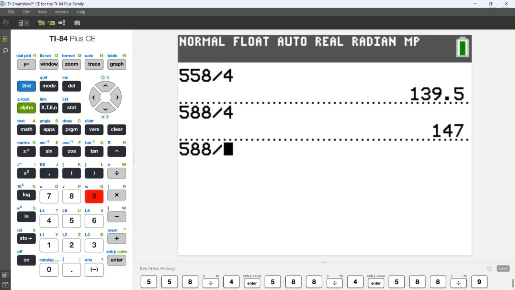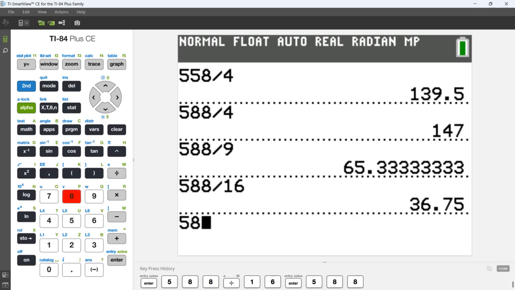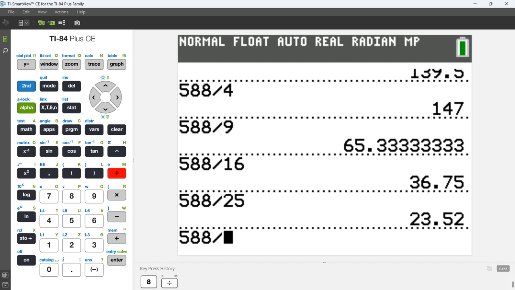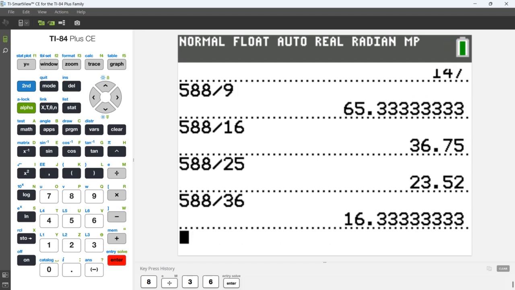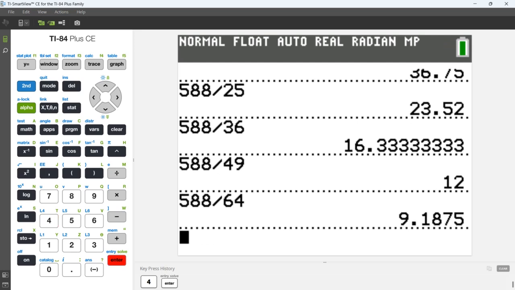So 588 divided by 9, that doesn't work. 588 divided by 16, that doesn't work. 588 divided by 25 is not going to work because this number does not end in 5. 588 divided by 36 is not going to work because 3 did not work earlier. 588 divided by 49. So this does work, right? So currently 49 is our largest square number, but we should keep going.